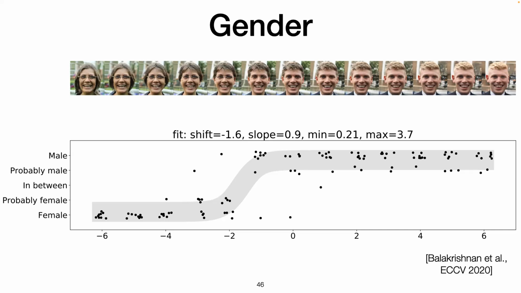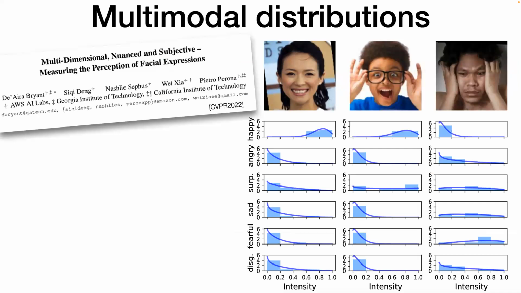Now, another thing you have to be aware of is when you ask annotators to annotate, especially continuous variables, but even discrete variables that are related to each other, you may find yourself in 2 different situations. There are situations in which they all agree, like here.